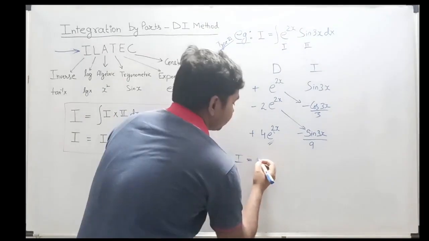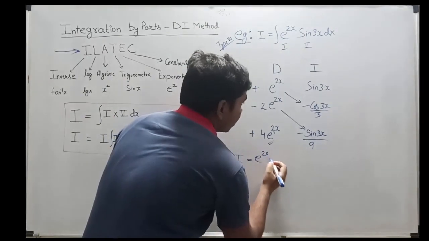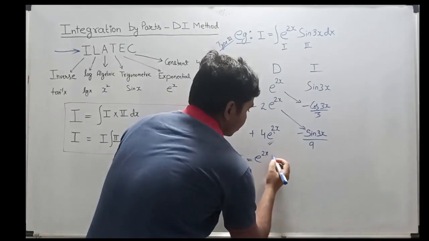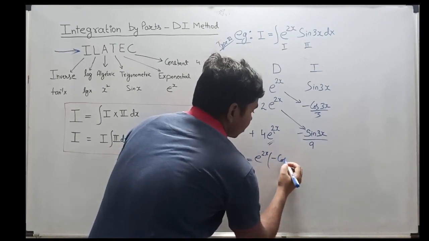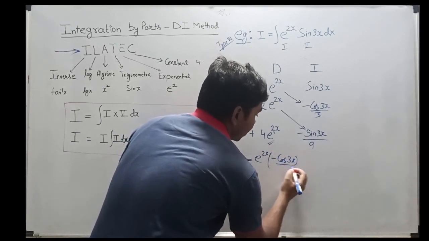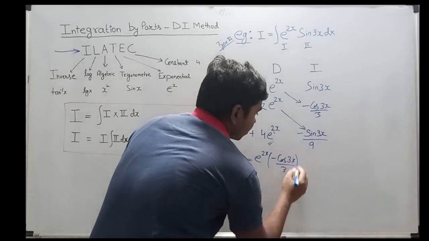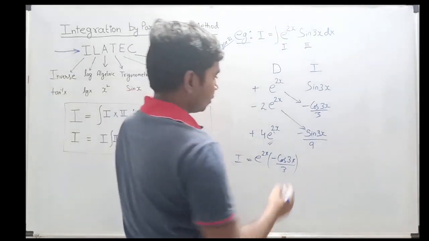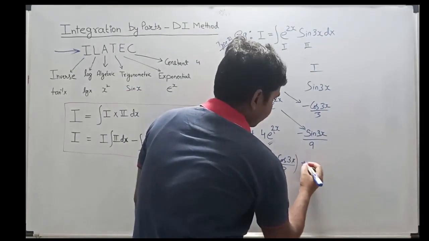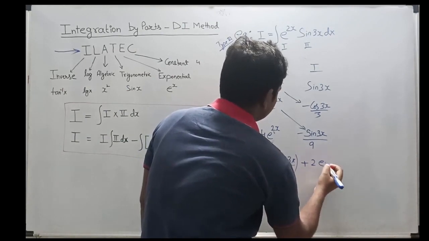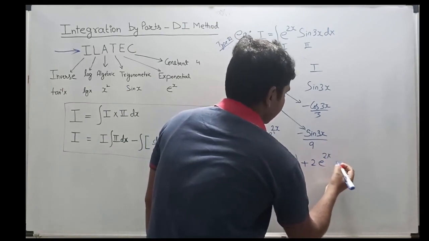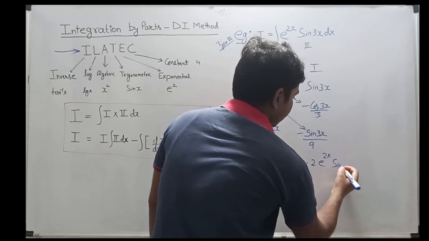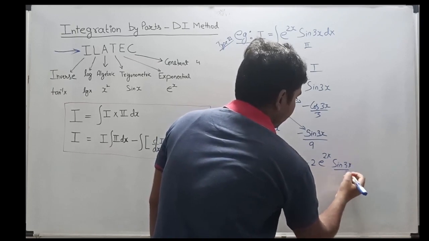I is equal to e raised to power 2x multiplied with minus cos 3x by 3, and then plus 2e raised to power 2x sin 3x by 9.